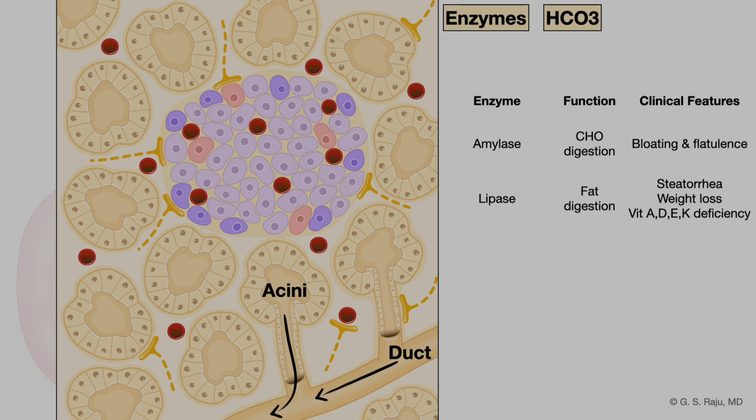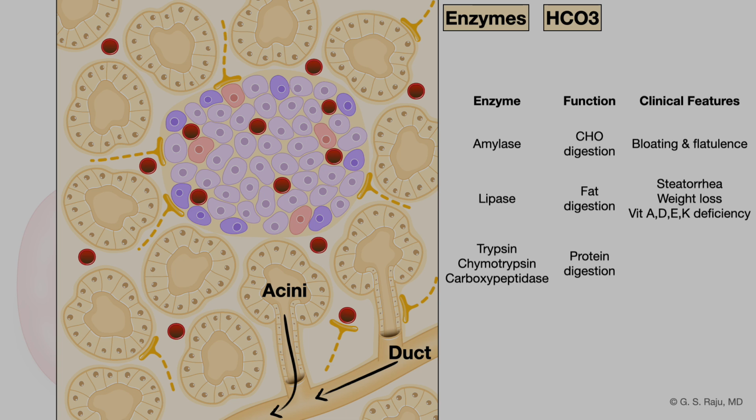So we talked about carbohydrate digestion, fat digestion. Let us look at what happens when it comes to protein. So trypsin, chymotrypsin, carboxypeptidase. These are the enzymes that are important for protein digestion, but they are secreted in an inactive form and they get activated once they go into the duodenum by an enzyme called enterokinase.